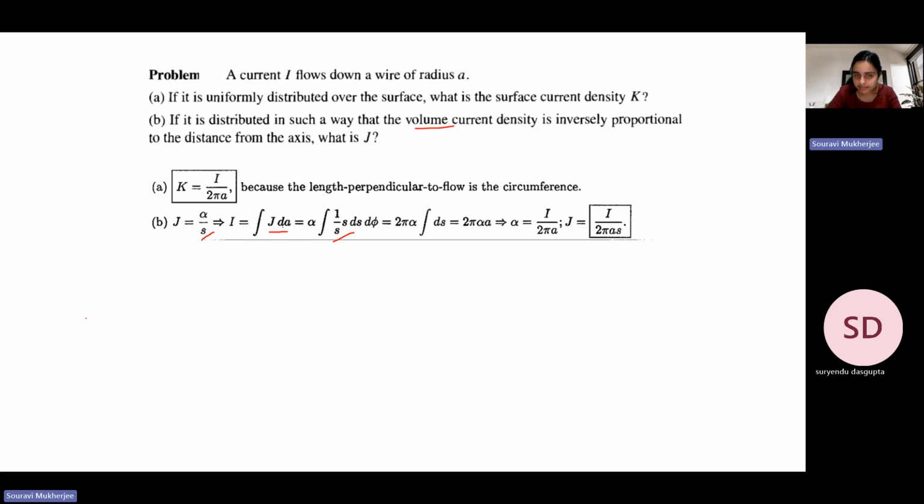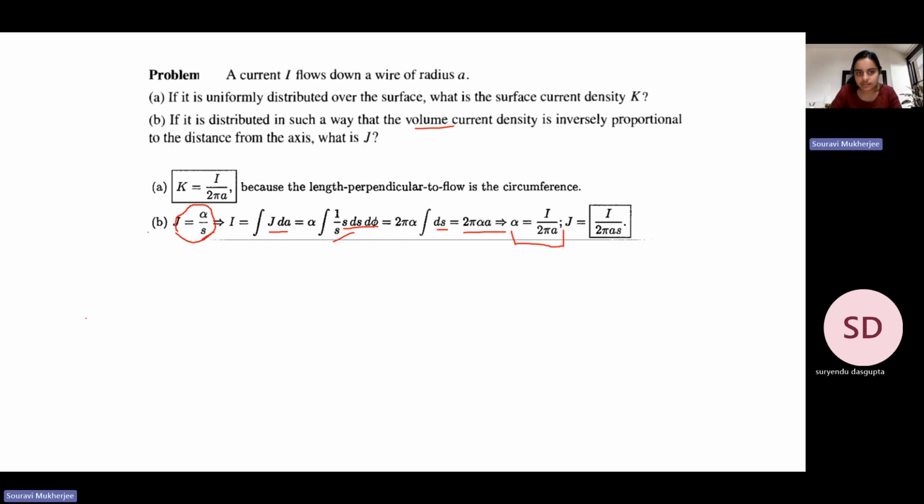Your area element you can take as S dS d phi, and you integrate over phi from 0 to 2 pi and over S from 0 to A, since the radial component ranges from 0 to A. So you end up getting this, and you now know the proportionality constant alpha: alpha is I by 2 pi A. Once you know alpha, you know what J looks like: J is I by 2 pi A S.